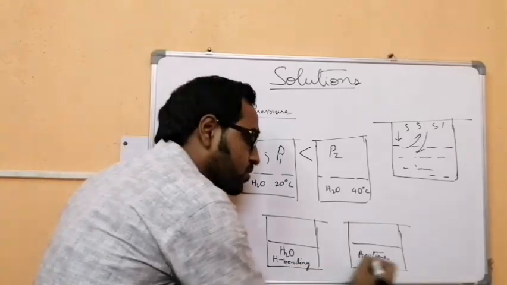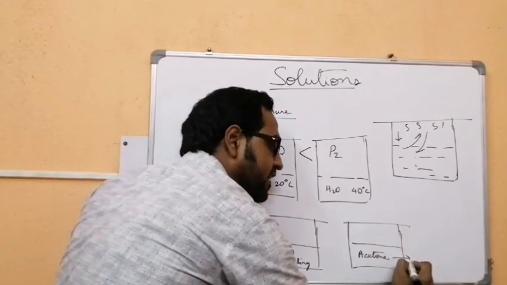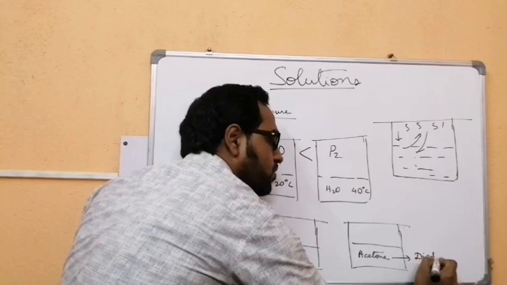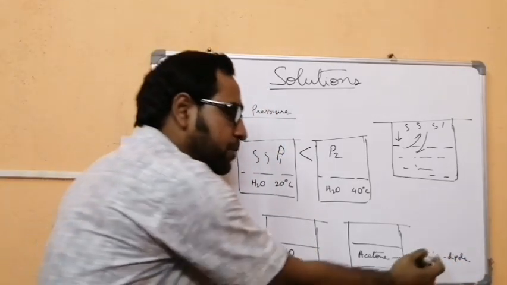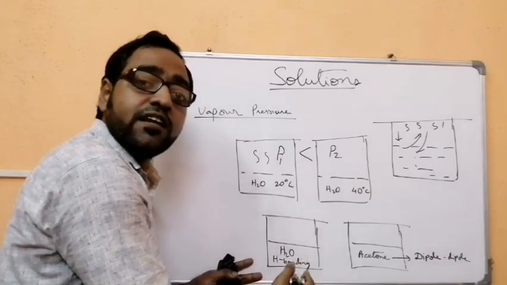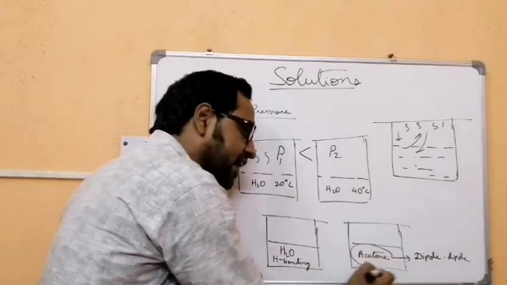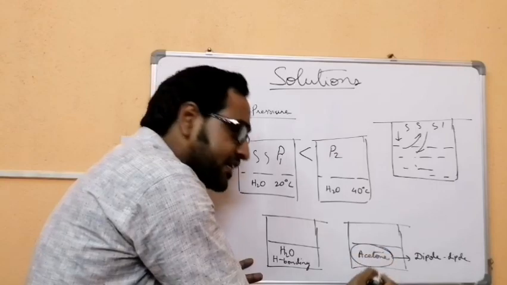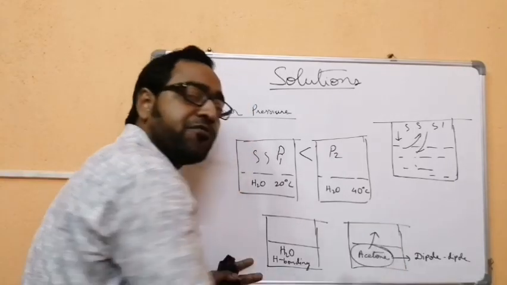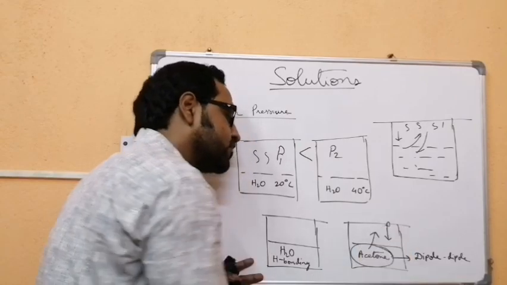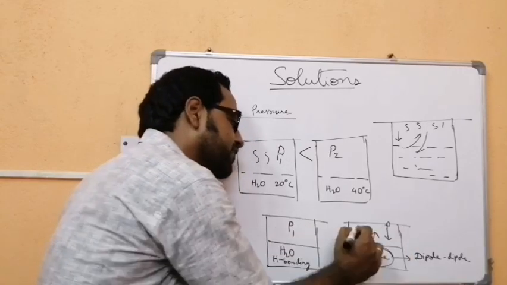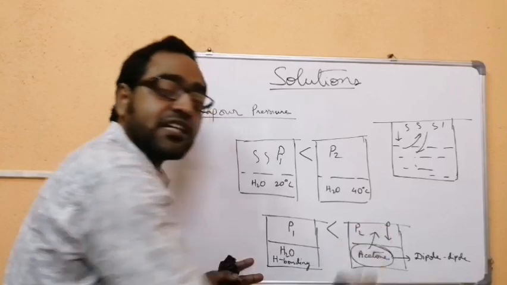In case of acetone, the intermolecular forces of attraction is dipole-dipole. And we know dipole-dipole interaction is weaker than hydrogen bonding. So in case of acetone, the tendency to escape into the vapor phase will be higher, and so the vapor pressure will be higher. So we can write P1, if it is P2, then P2 is greater than P1.